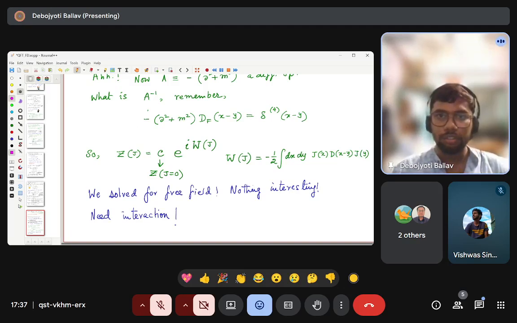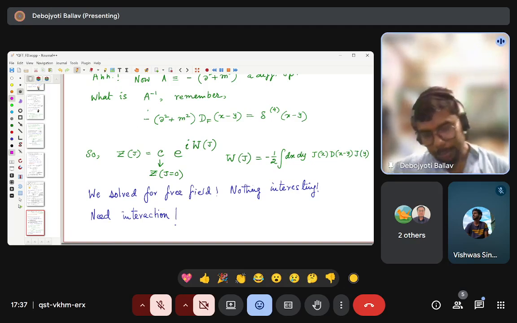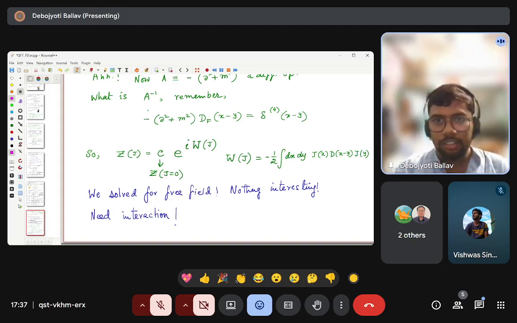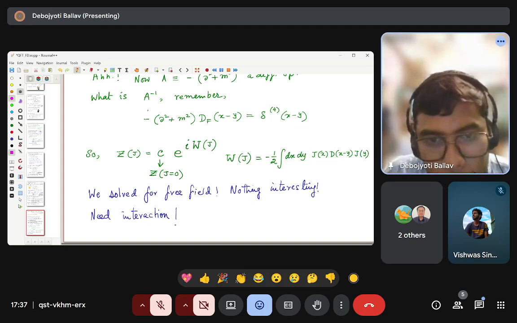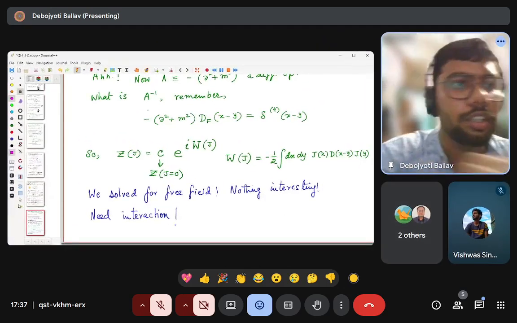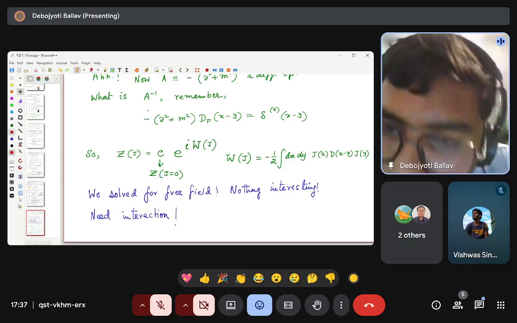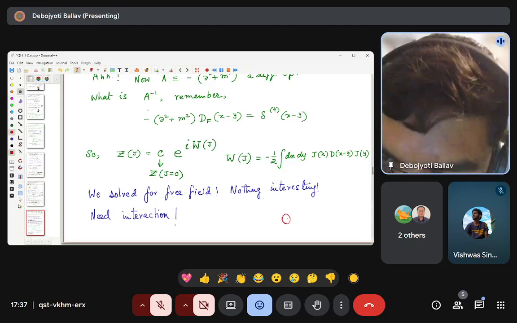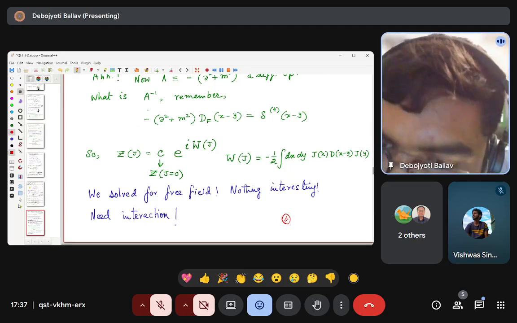J of x are like sources. So this integral, you can now physically interpret. This j of x is like a source, and this D of x y is like a propagator. So you can think of them from a quantum field theory point of view. These j's are like some kind of source.